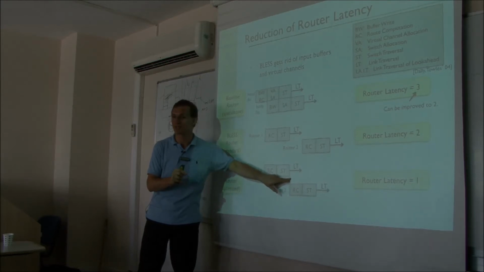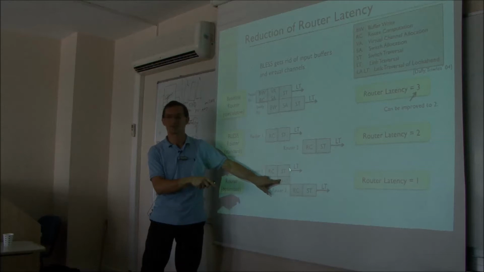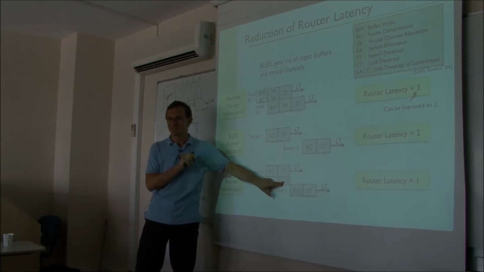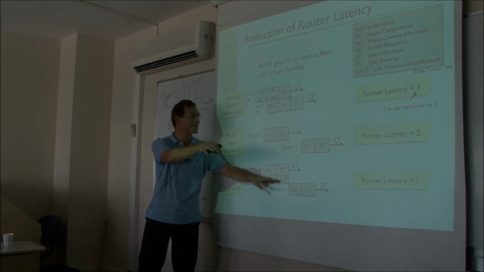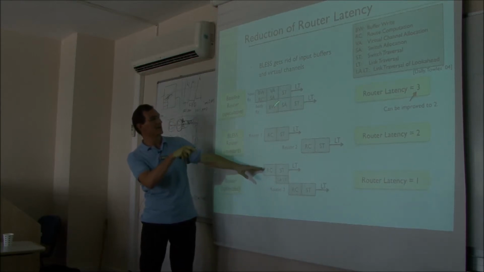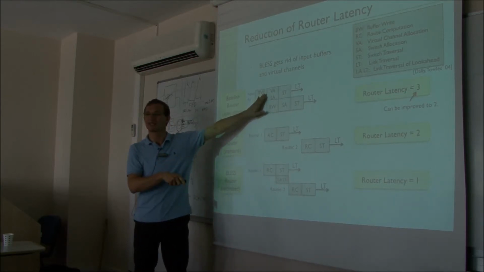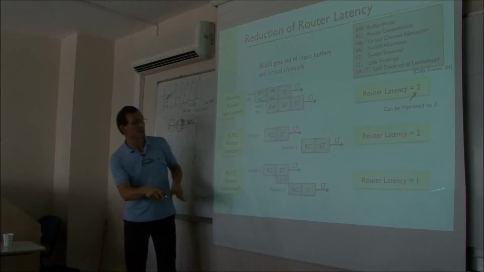So start doing the route computation while this packet is within my switch. You're basically sending a look-ahead to the next router saying that in the next cycle, I'm going to send this packet to you. You could do this in other routers over here, and we're assuming that you do that over here. This was proposed for baseline buffered routers. But this way, you can reduce the router latency to 1 cycle.